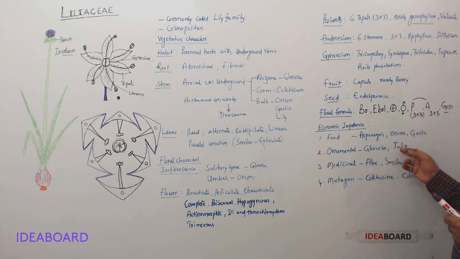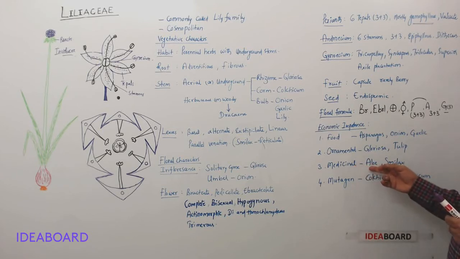And gloriosa and tulips, and in some areas like Shimla and Ooty, you will find tulip gardens. So the tulip belongs to this family Liliaceae. And of course, you know that aloe vera has become very popular, and it is a medicinal plant. And smilax is also a blood purifying medicinal plant.